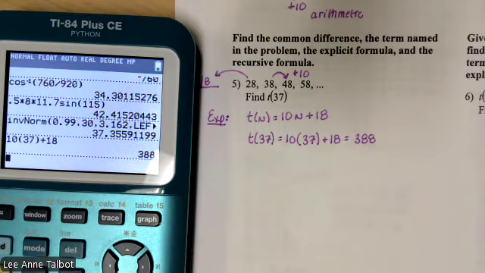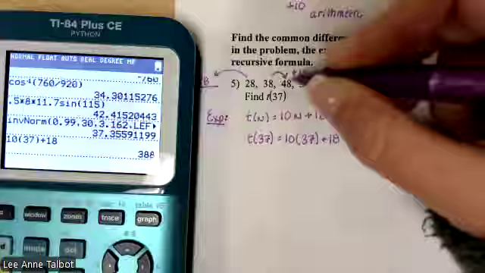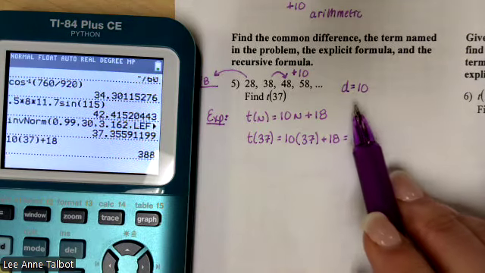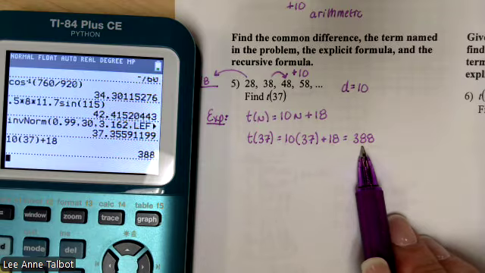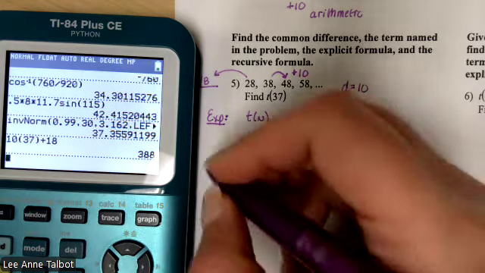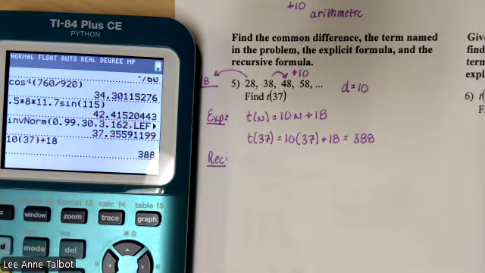Now that I think about it, I feel kind of stupid, but that's okay. I didn't say the common difference, but I did right there. The common difference is 10. The term named in the problem, the 37th term, is 388. I found the explicit, and now I'm going to do the recursive.